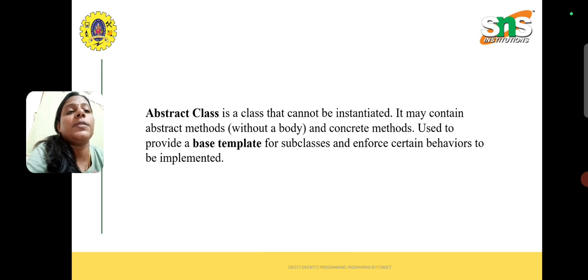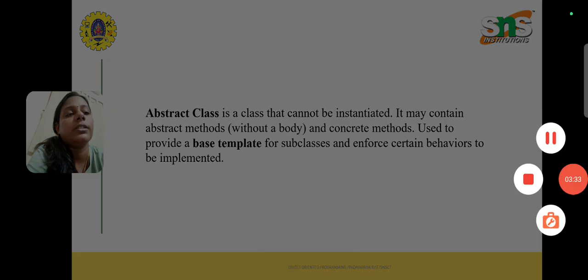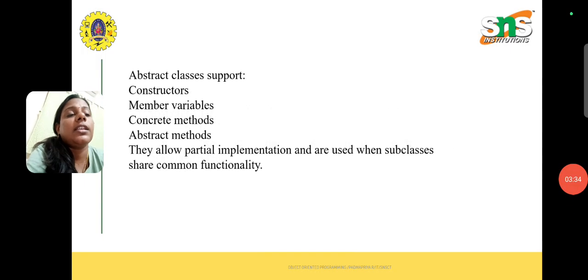We use abstract classes to provide a base template for subclasses and enforce certain behaviors to be implemented. Abstract classes support constructors, member variables, concrete methods and abstract methods. They allow partial implementation and are used when subclasses share common functionality.